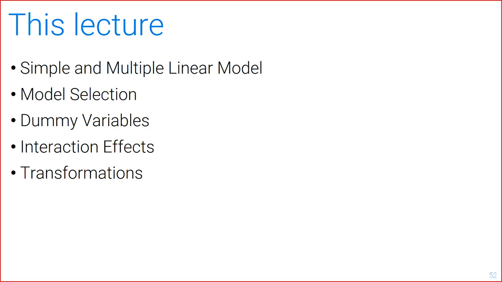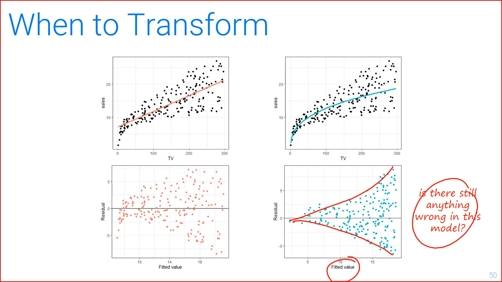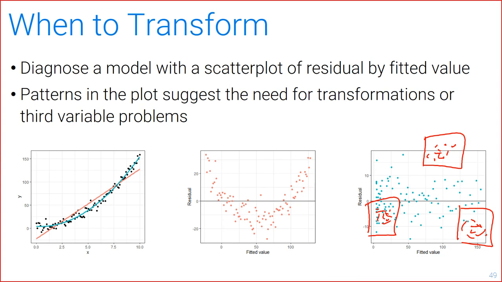What happens when you go to multiple predictors and how it becomes increasingly difficult to interpret, and how to fit the model, how to do variable selection, things about dummy variables to encode categorical predictors, interaction effects, and transformations. How you can still fit a linear model, no problem, if you transform your variables properly, and how that could lead to better models, as we see in cases like this one here.